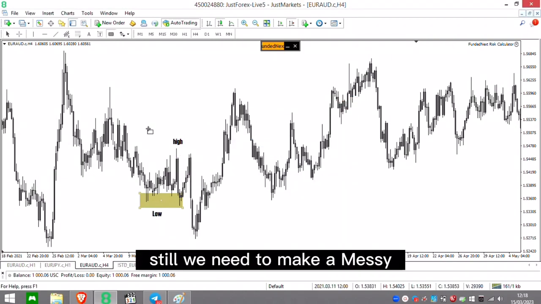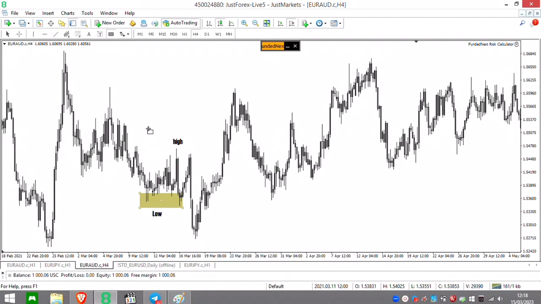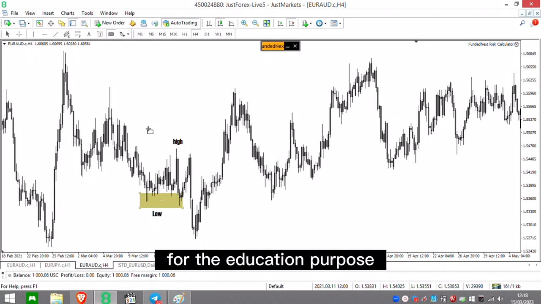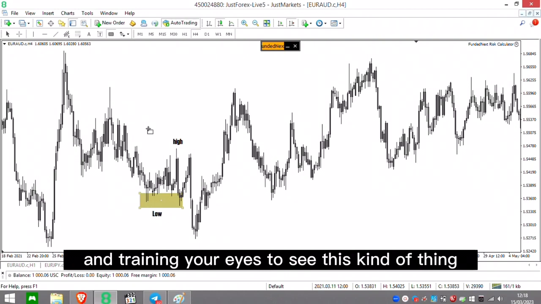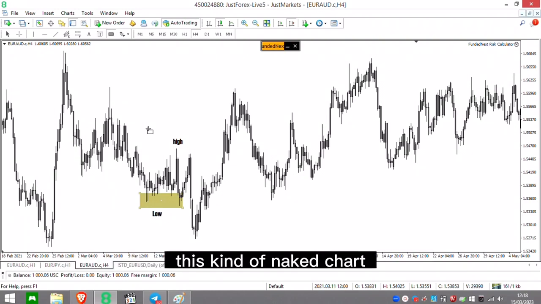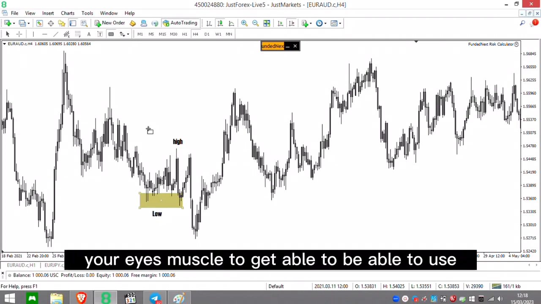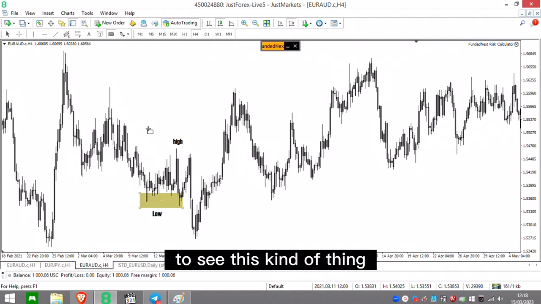still we need to make a messy mapping on this hindsight chart for the education purpose, for the backtest purpose, for you to understand and train your eyes to see this kind of thing, this kind of naked chart. You need to train your eye muscle to be able to see this kind of thing.